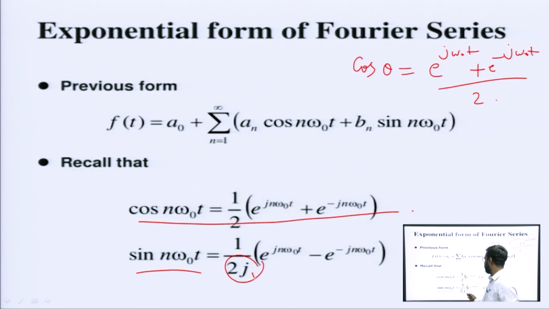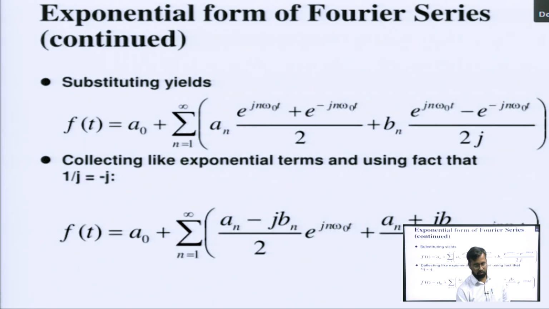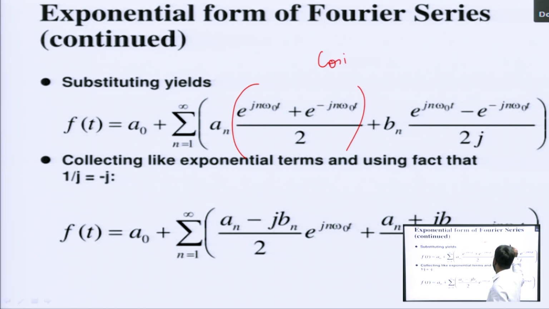Here you have to remember that in cosine we have 2 and in sine we have 2j. So, if we expand the cosine and sine in this form, we represent cosine like this and sine like this.